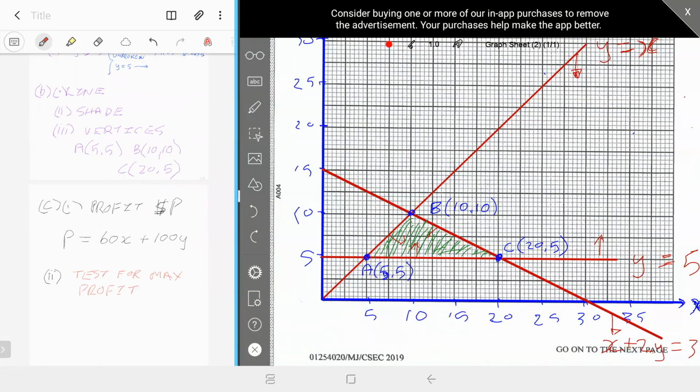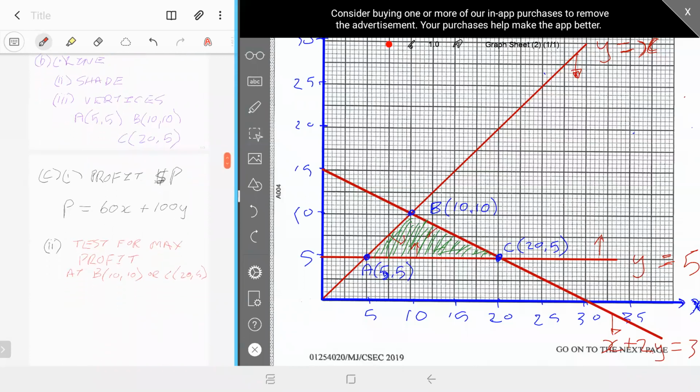So it's either at B, which is 10, 10, or C, which is 20, 5. We don't know which one it is, so we have to test them, right? Profit at B would work out to what? Remember, it's 10, 10.